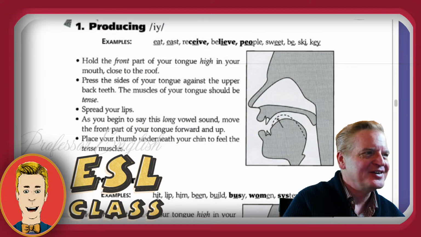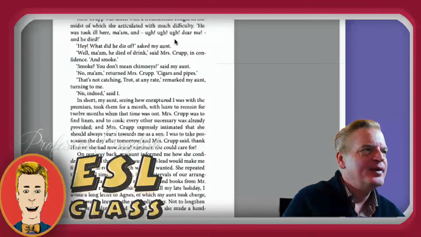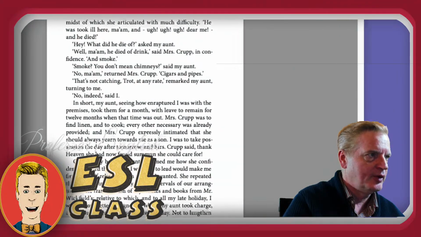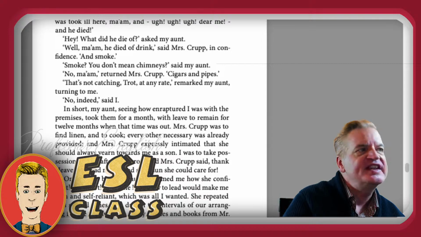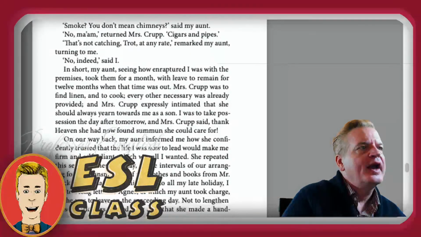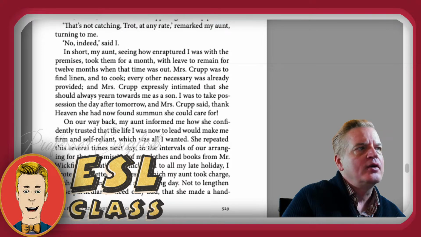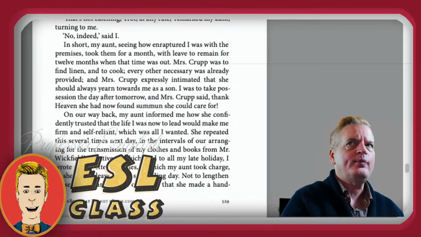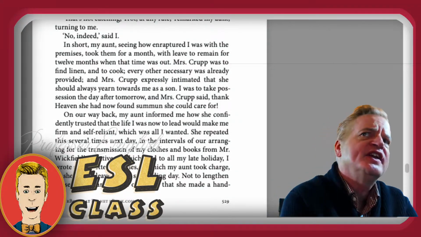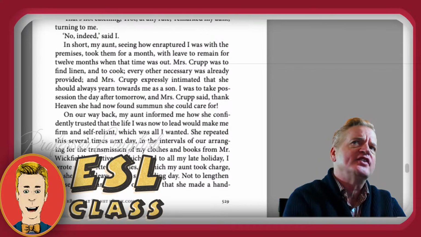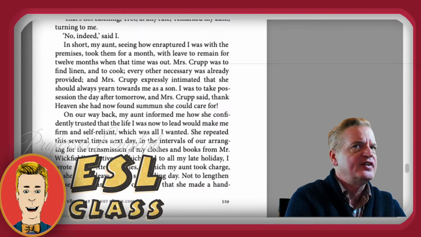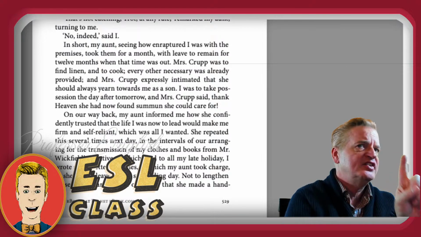Okay, let's go back to the story and practice this. Now let's practice our focus words. All right, so we have premises, enraptured, and seeing. Where's the stress on the word seeing? Is that in the first syllable or the second syllable? There are two syllables.